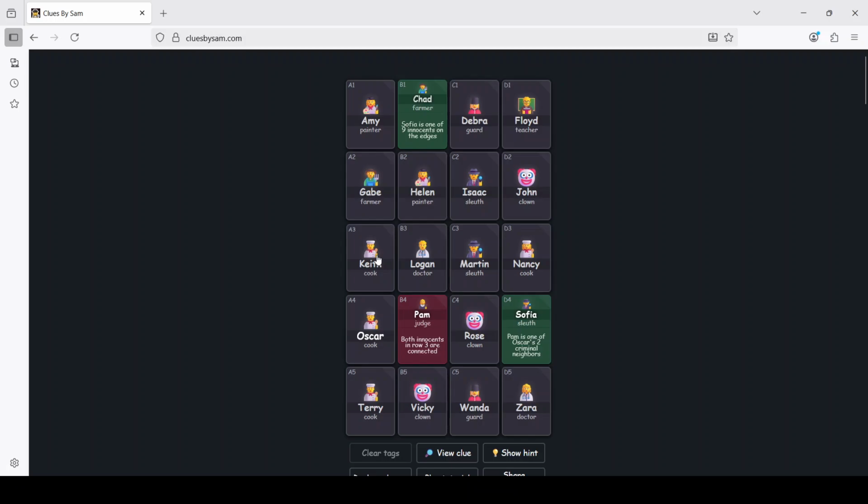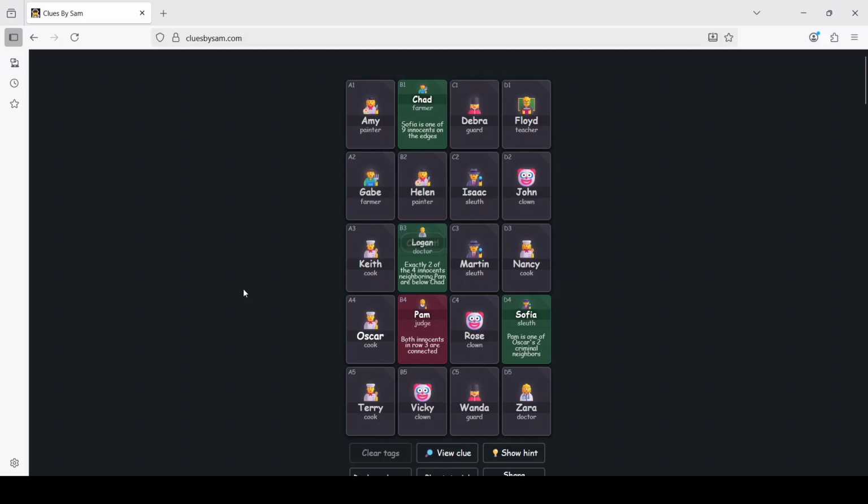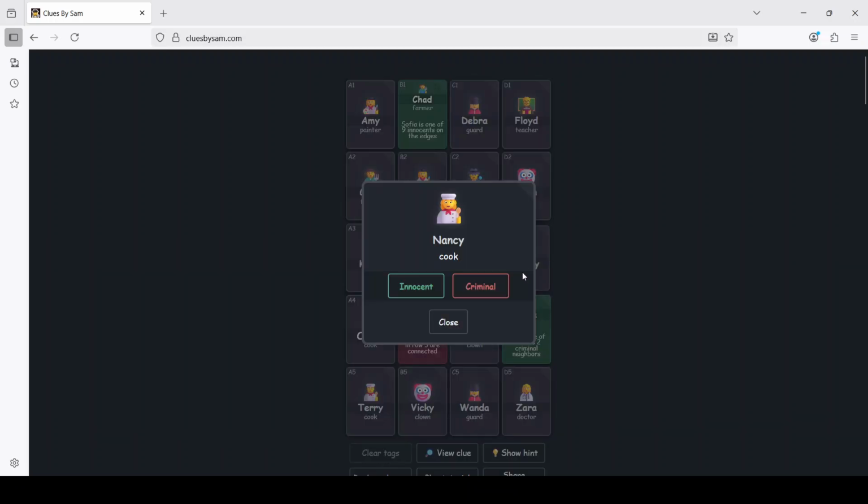That means the maximum possible criminal neighbors Oscar has in row 3 is 1, Keith. That would mean Logan has to be innocent. And then based on that clue, since the 2 innocents have to be connected, either Keith or Martin is the innocent, which makes Nancy a criminal.